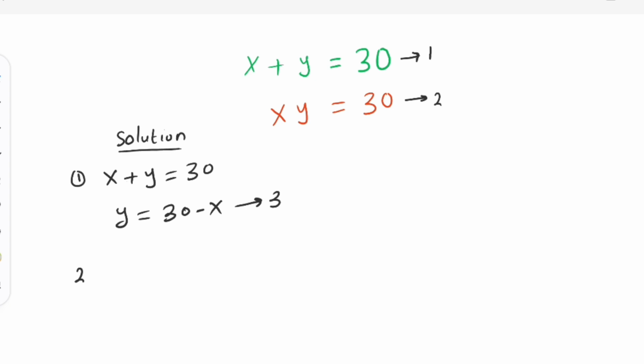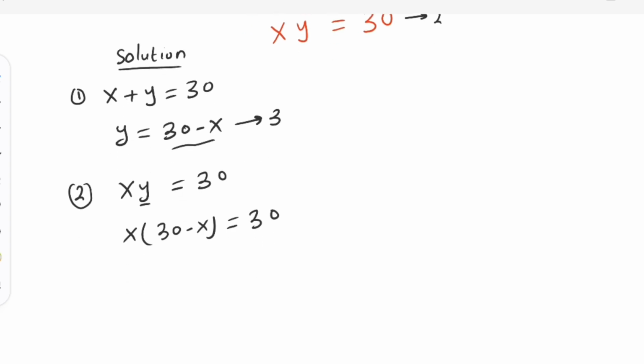From equation 2, xy is equal to 30. Now let us substitute for y, which is this. We have x bracket 30 minus x is equal to 30.